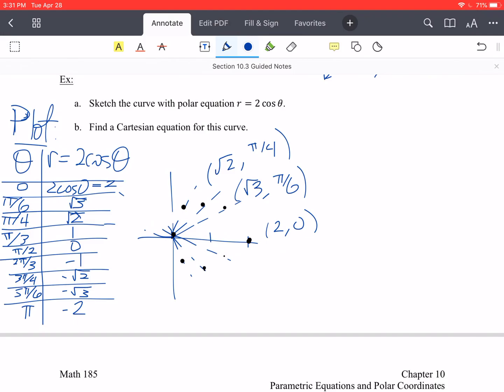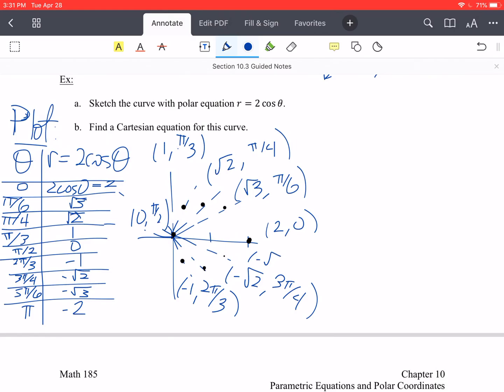This is the point 1 comma pi over 3. Right, 0 comma pi over 2. -1 comma 2 pi over 3. Negative root 2 comma 3 pi over 4. Negative root 3 comma 5 pi over 6. And then, of course, back to where we started, -2 comma pi.